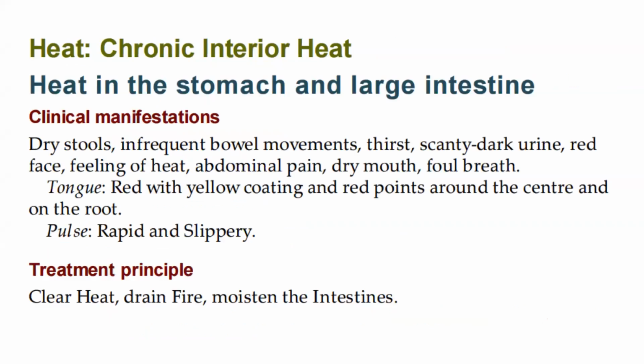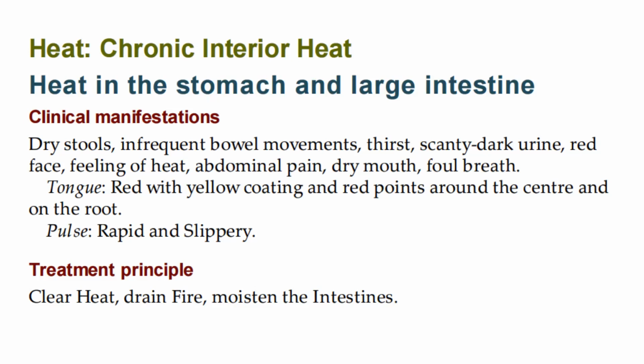Chronic interior heat, heat in the stomach and large intestine. Clinical manifestations: dry stools, infrequent bowel movements, thirst, scanty dark urine, red face, feeling of heat, abdominal pain, dry mouth, foul breath. Tongue is red with yellow coating and red points around the center and on the root. Pulse is rapid and slippery.